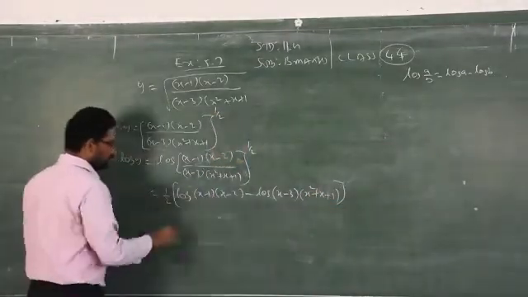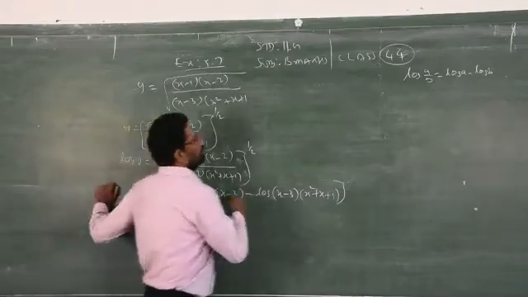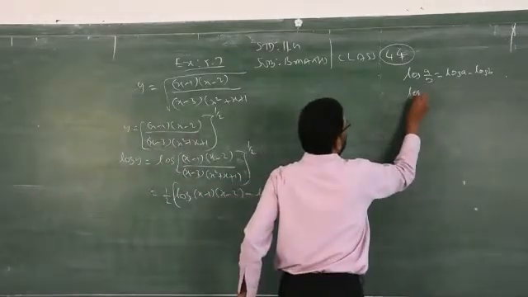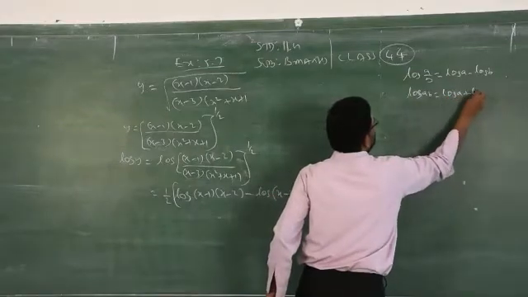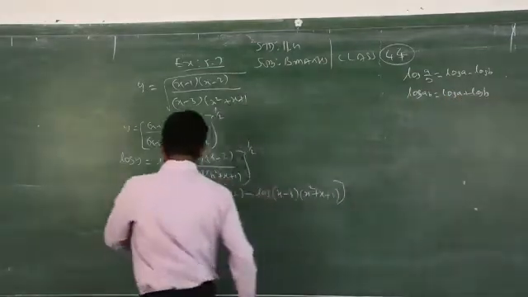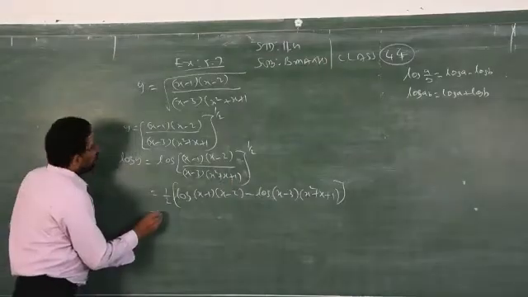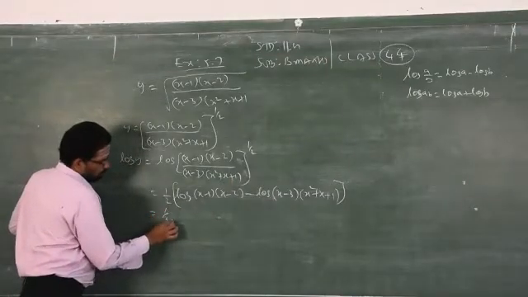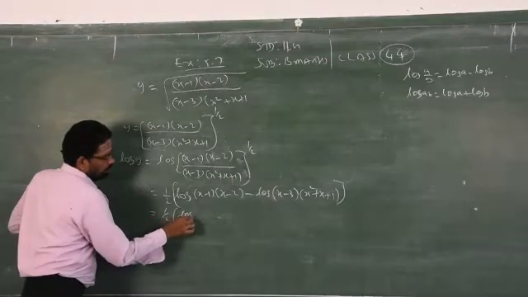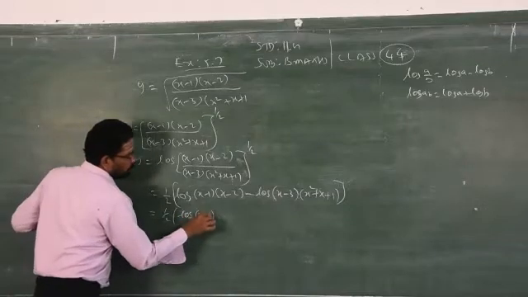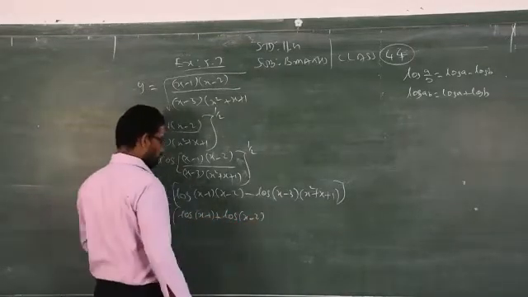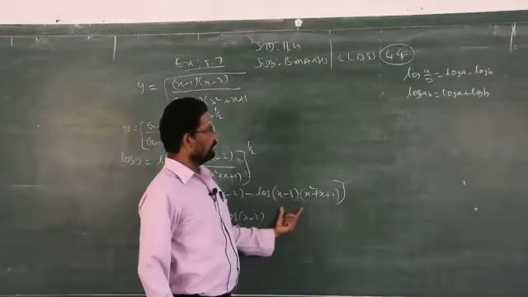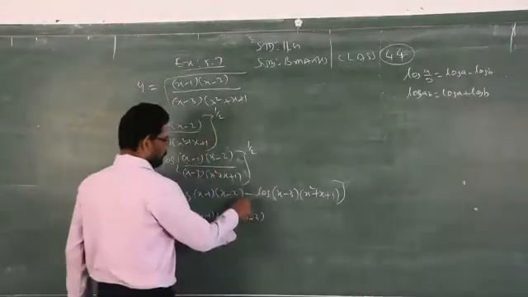Close the bracket. Again this is the log ab formula. What is the log ab formula? Log ab is equal to log a plus log b. So log ab, you can realize, that is 1 by 2 times [log (x minus 1) plus log (x minus 2)]. Again you see log ab, again you have to use log a plus log b, but you have a minus sign.